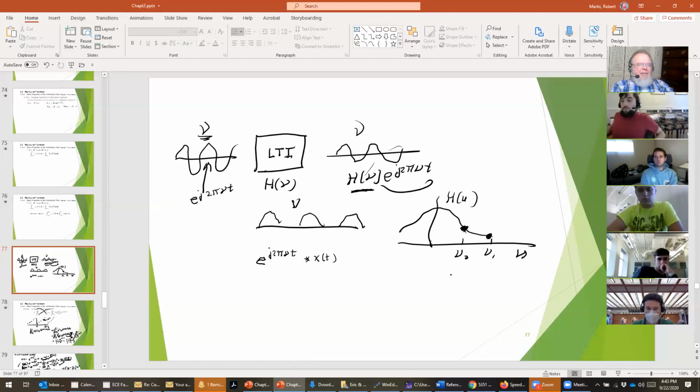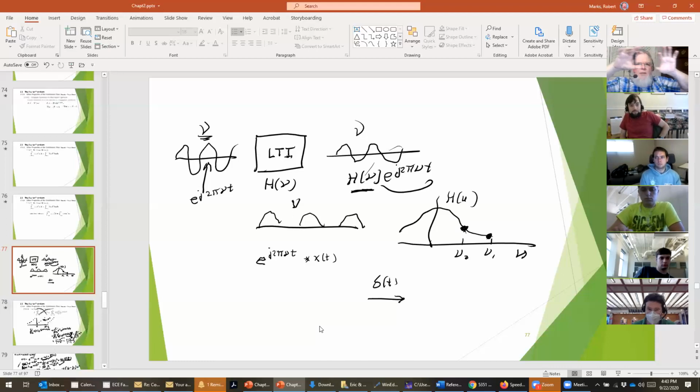Now, of course, as I mentioned in lecture, this would take one heck of a long time. It's easier to hit the system with a delta function. Why a delta function? Because a delta function has a Fourier transform of what? 1. Therefore, all frequencies are in that delta function. Every frequency in the world is in that delta function.